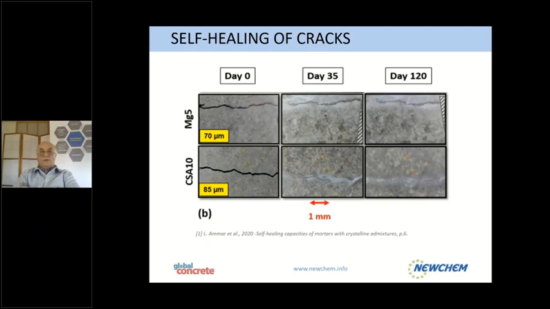And you see that after 35 days, the cracks, which have been made on purpose, naturally, in this case, start to close. And at 120 days, the cracks disappear because the magnesium oxide or the calcium sulfoaluminate will react and make a new binder, which will then close the crack and give a good strength.